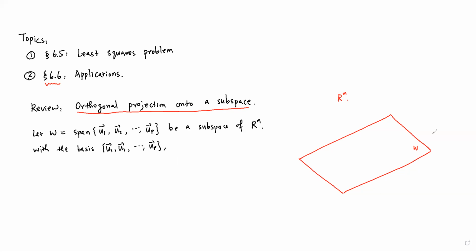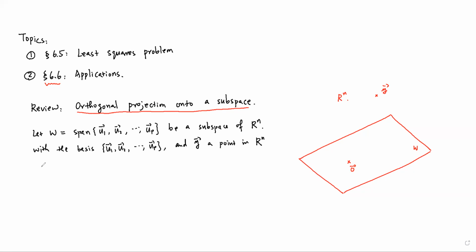Yeah, here is the graph of W. And then Y, a point in R^n. Yeah, say Y is here. This is Y. Suppose in R^n, the origin is here, 0.